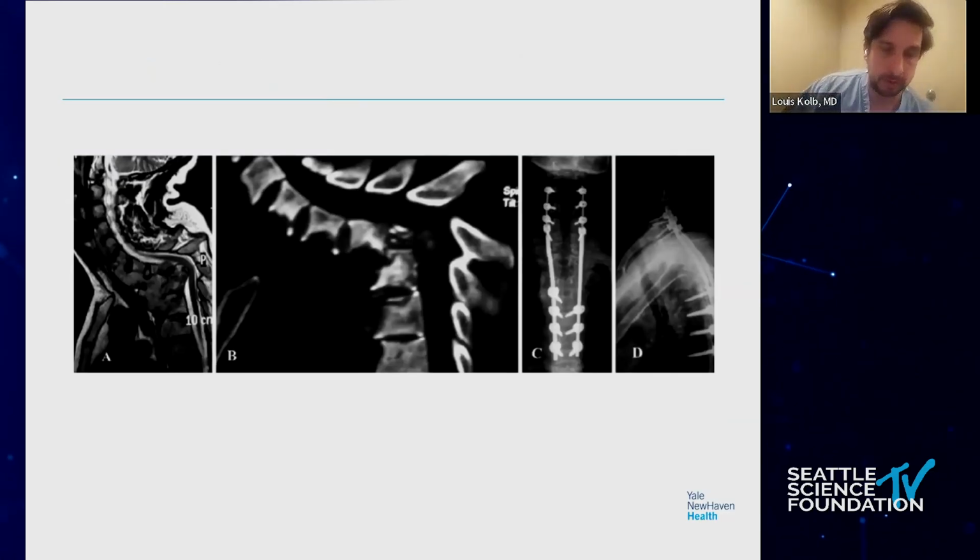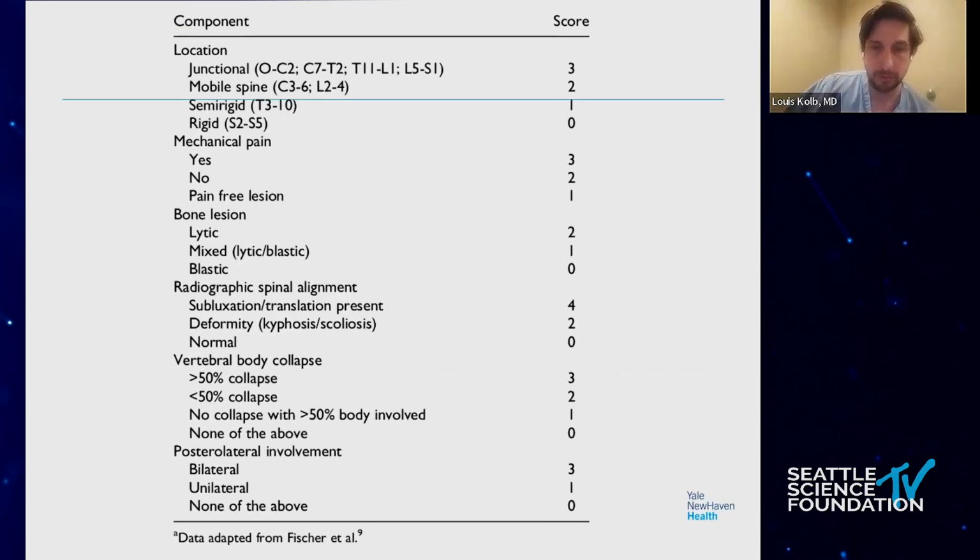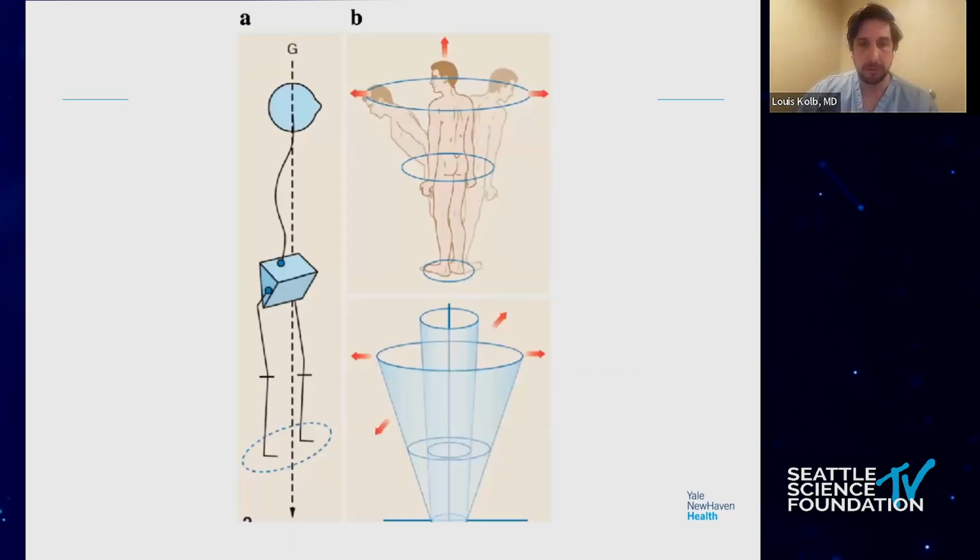You can have fairly destructive conditions, such as the ones Dr. Gokaslan and others have presented today, that could present as a severe deformity requiring quite a reconstruction. I know we had a full talk about this criteria before, so I won't go into much detail, but deformity is one of the radiographic markers of instability.